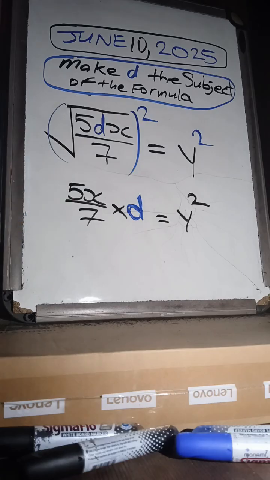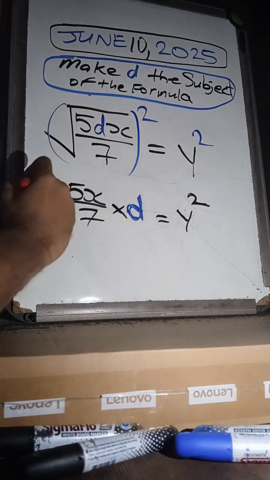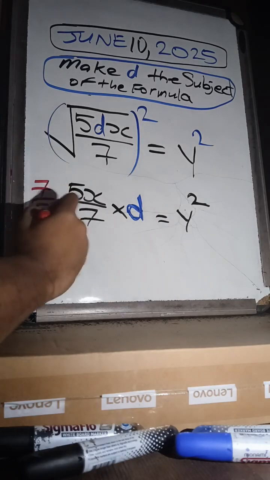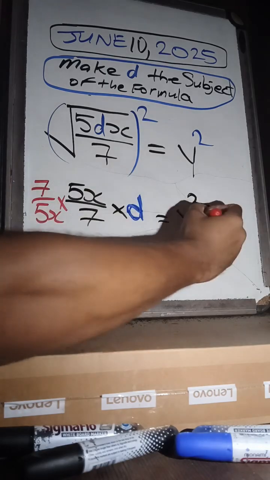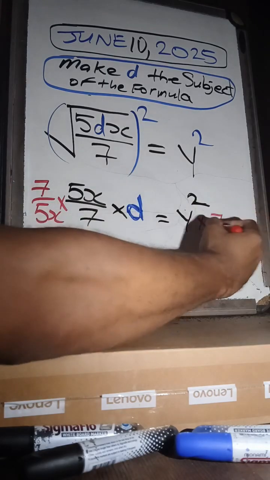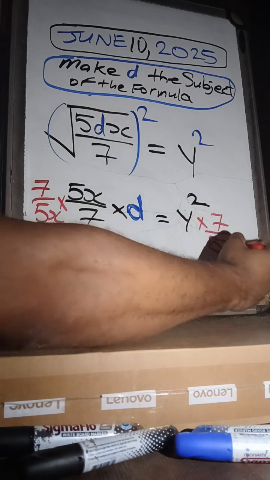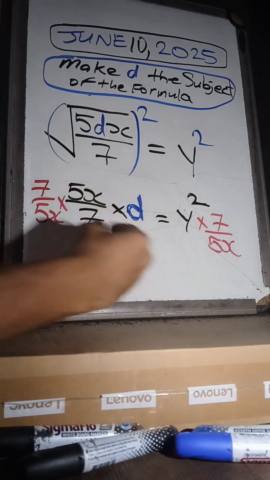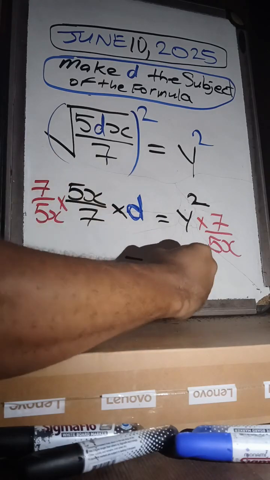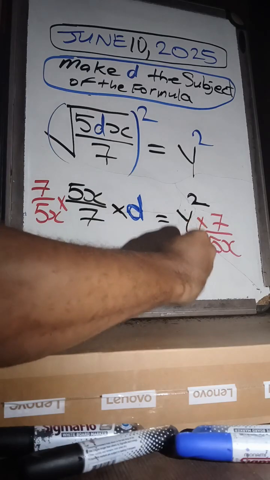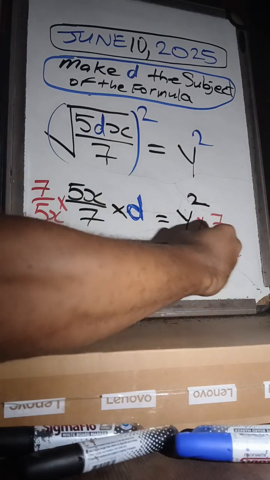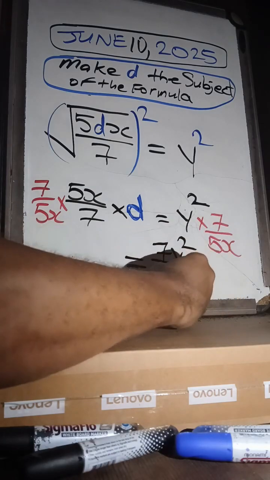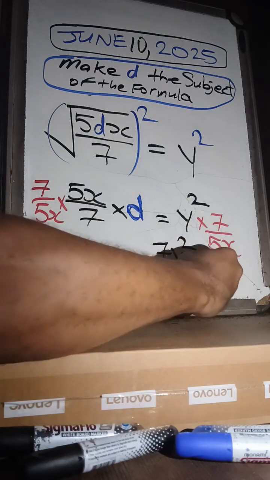So you're going to multiply both sides by that, and in your next step you will end up with 7y squared all over 5x.